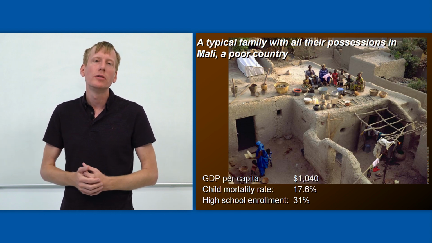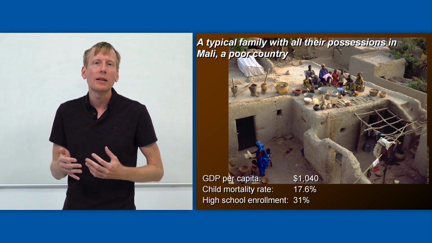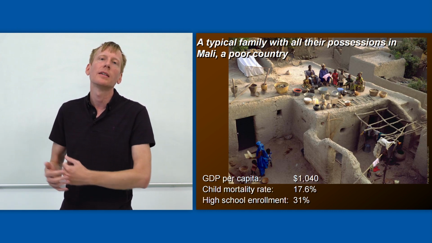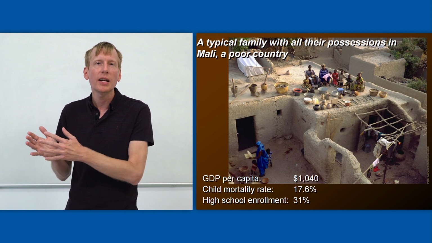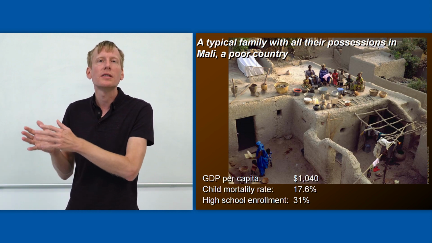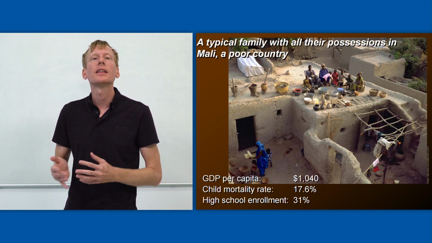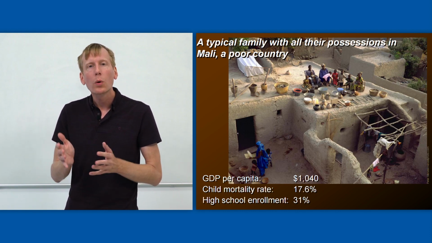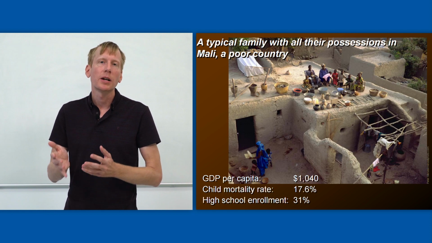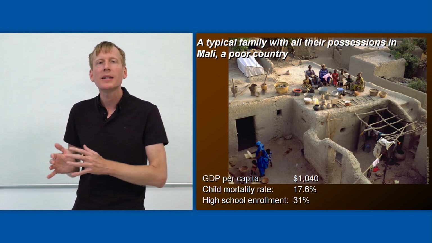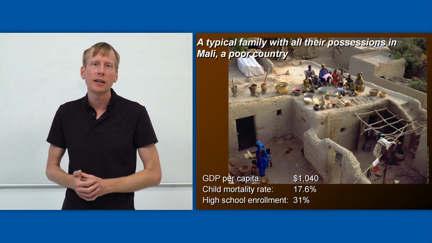What is it that we could do to cause Mali to grow, to become at least a lower middle-income country, and begin a trajectory to try to reach the standard of living, and therefore the infant mortality rate, that they have in Mexico? Or what could be done in terms of public policy, economic policy? How could we make Mexico grow so that Mexico could catch up to the United Kingdom?